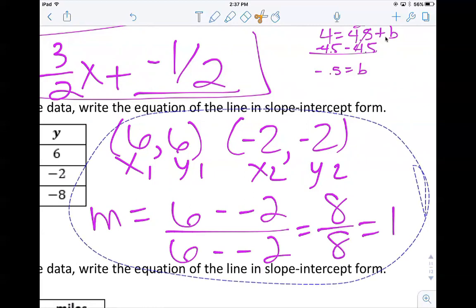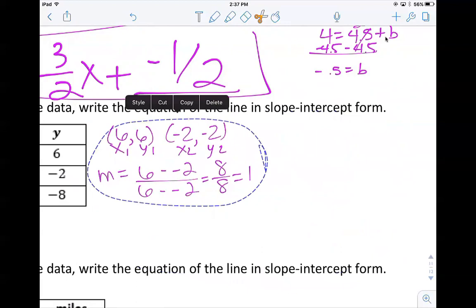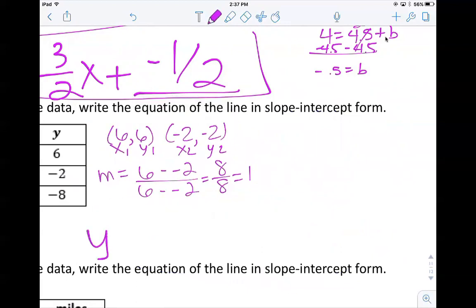So finding our slope, now that we know the slope, we can set up the beginning of our equation, y equals 1x plus, and then our missing piece. I'm going to use this first ordered pair.